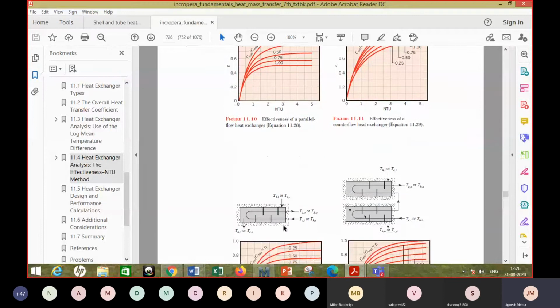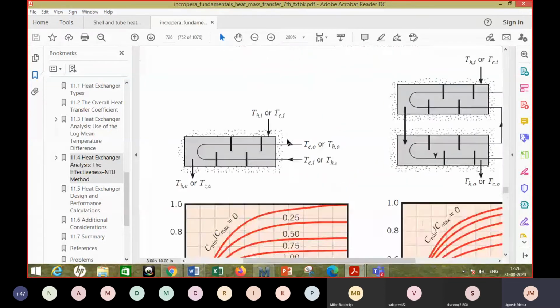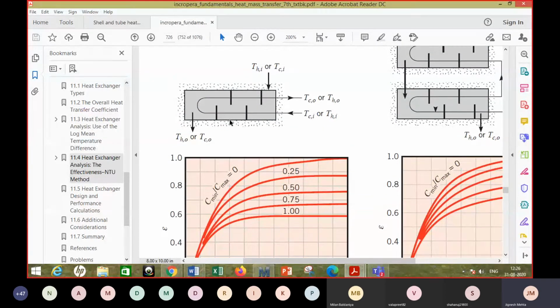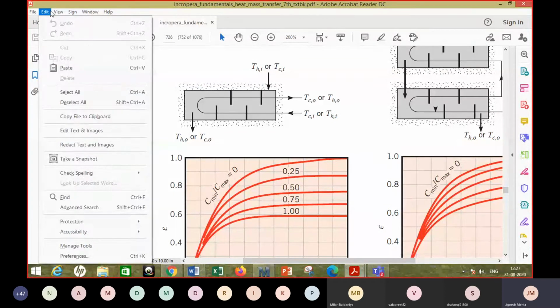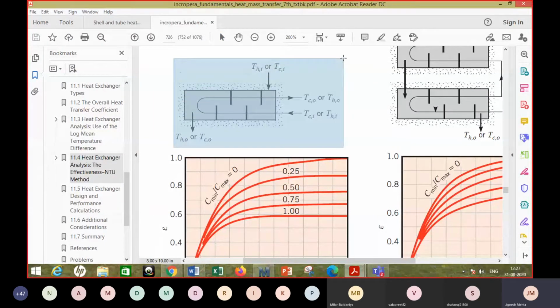So the configuration is something like this one. So you can draw such a diagram while you are solving this example. Even now you can draw this diagram when you are solving this example.